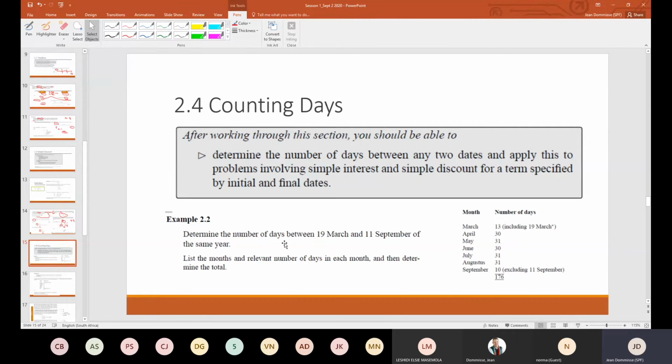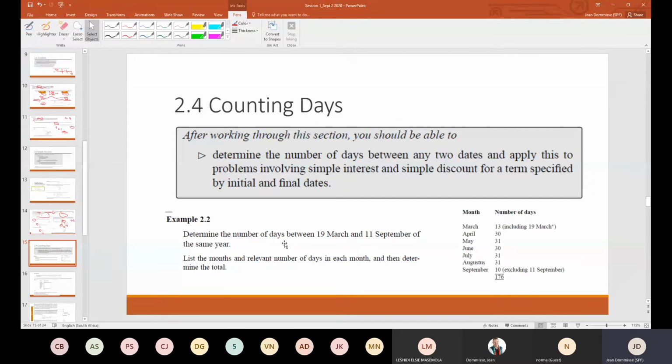Between 19 March tells me that I'm starting on the 19th of March, so you need to include that 19th of March as one of your days. Up until 11 September, you will not include 11th of September.